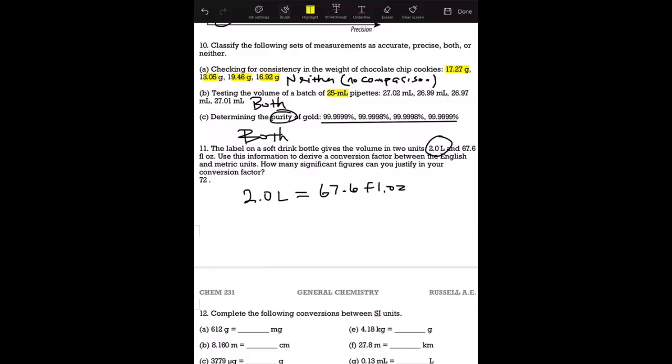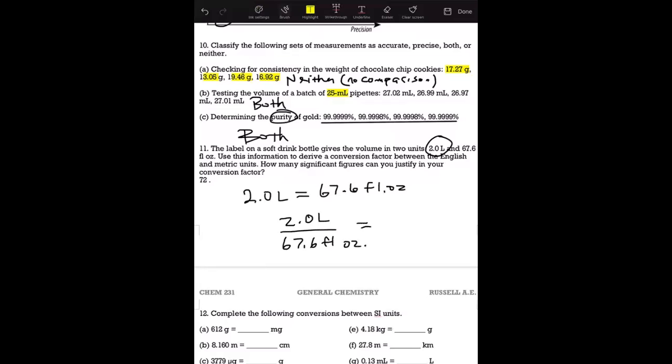So what is my conversion factor? If I wanted to go from liters to fluid ounces or fluid ounces to liters, I would use this number, right? So let's say in building a conversion factor, I'll put the liters on top and then the 67.6 fluid ounces on the bottom, right?